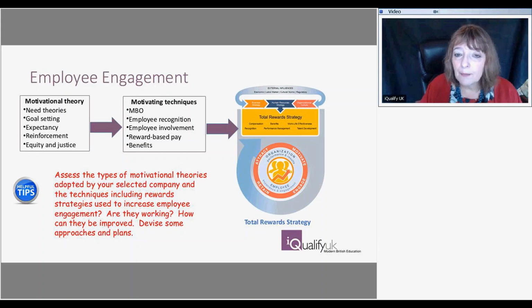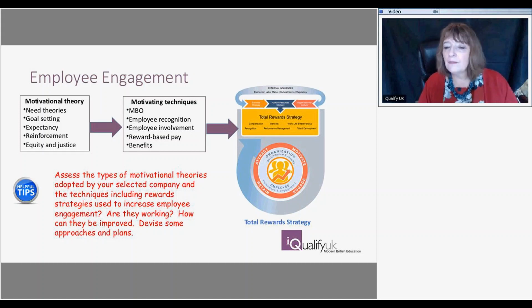And linked to that, we then have employee engagement. And you'll recall that under employee engagement, we looked at motivational theory and the different motivating techniques. And we picked up this total reward strategy and what that means in terms of putting together a package for employees that is reward-based and which they will be motivated to achieve for obvious reasons.